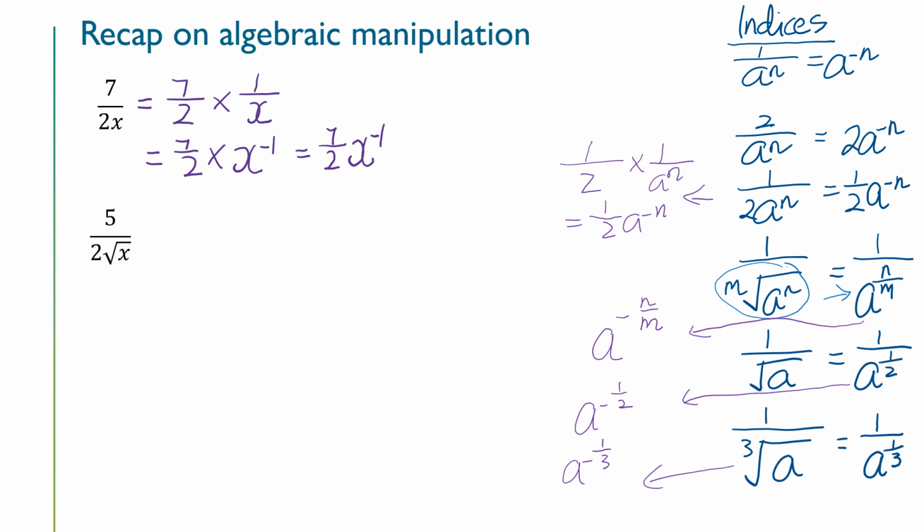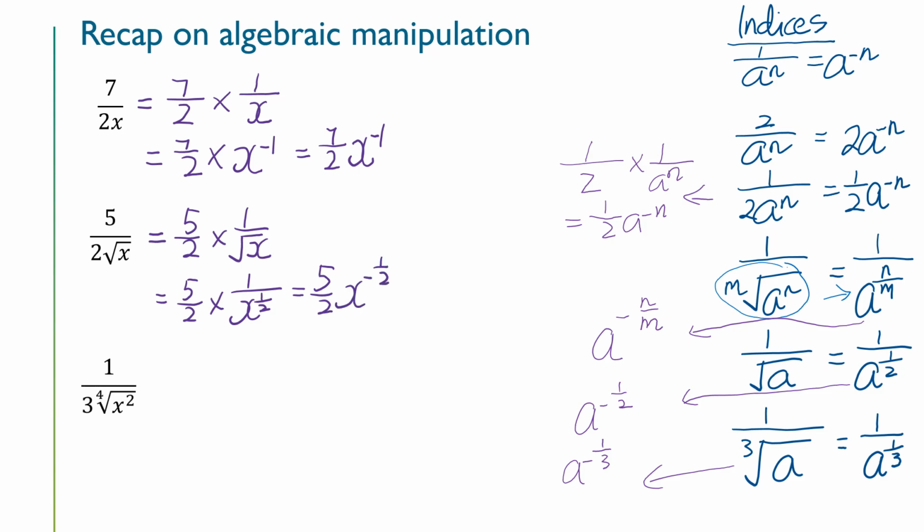Okay, let's look at the next one. We can break it into two fractions, 5 over 2 times 1 over square root x. And 1 over square root x is x to the power negative half. Right, let's look at the next one. This is where we have to apply the radical one, change it to index form first. But let's separate it first.